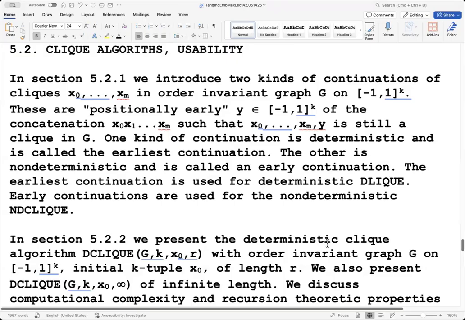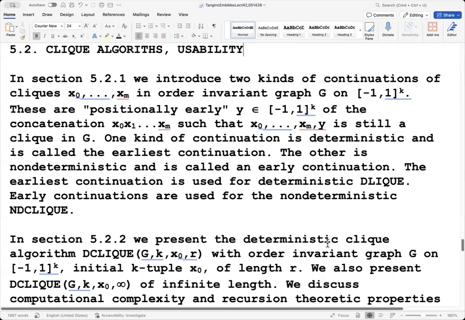If at any stage you have a clique, then at the next stage you're going to have a longer clique. Now with the deterministic one, it's clear that you can just do this. It's just an algorithm.